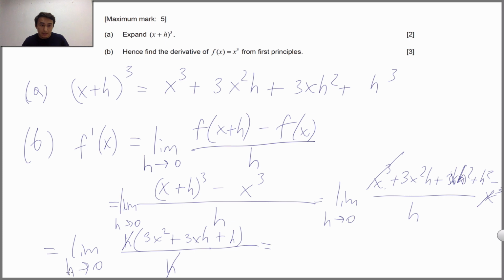When h goes to 0, we can put 0 here. So 3x squared is not changed, plus 3x times 0 is 0, plus h squared which is also 0. And the answer is 3x squared.